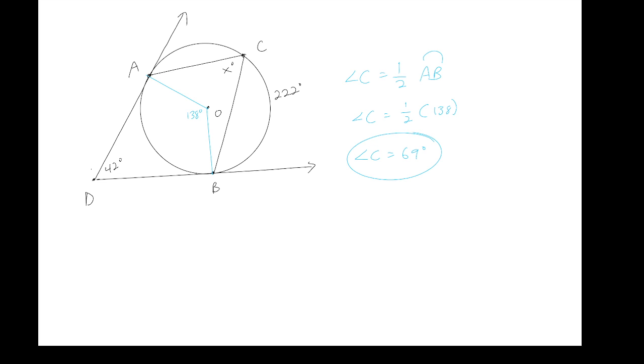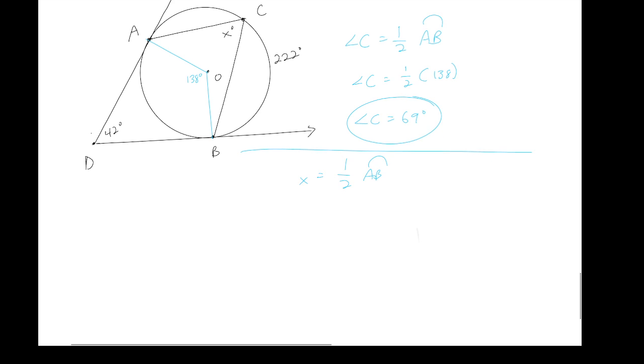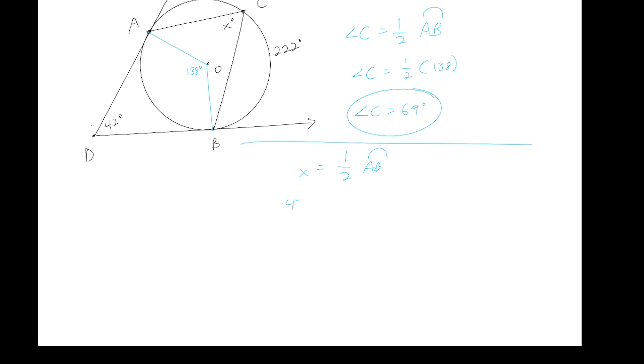And there we go. Well, if I'm solving for x, remember I could do it like this. That x is equal to 1/2, and this is another thought process to the thing, of AB, right? Well, think about it. I have 42 is equal to 1/2 of the difference of that outer arc, the measure of arc ACB, and the measure of arc AB.